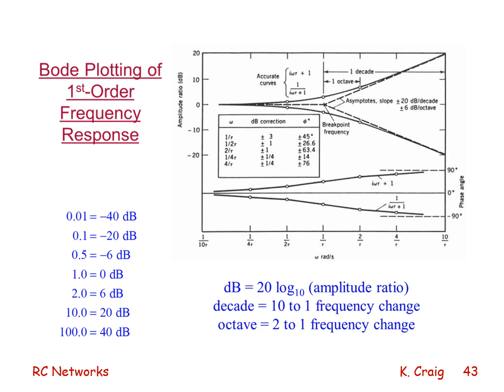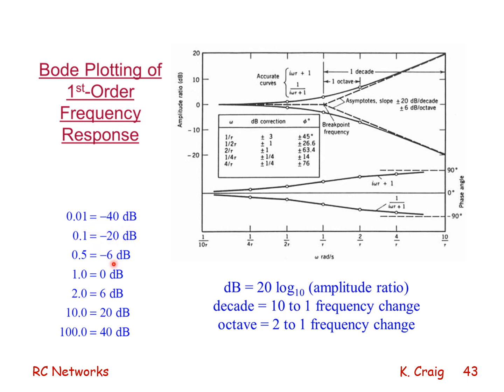Here we have a diagram that shows the Bode plotting of first order frequency response. And it just shows you how we convert numbers to dB. So 0 dB is 1, a half is minus 6 dB, a tenth is minus 20 dB, a hundredth is minus 40 dB.